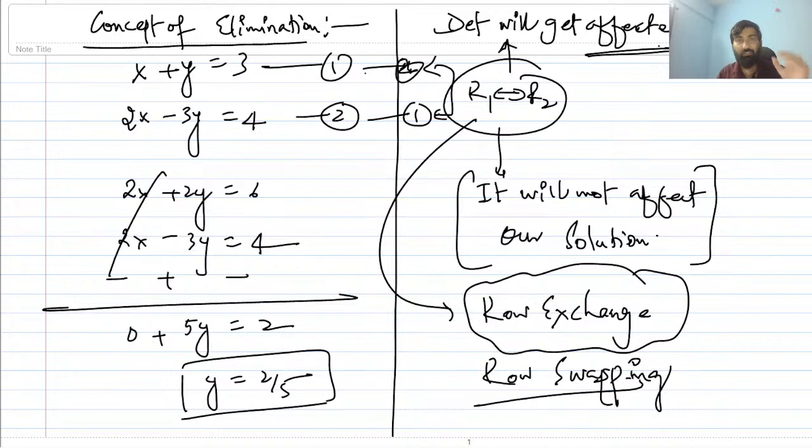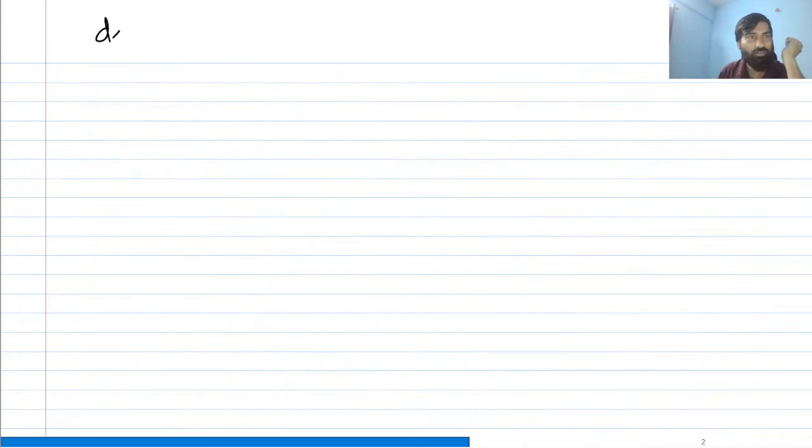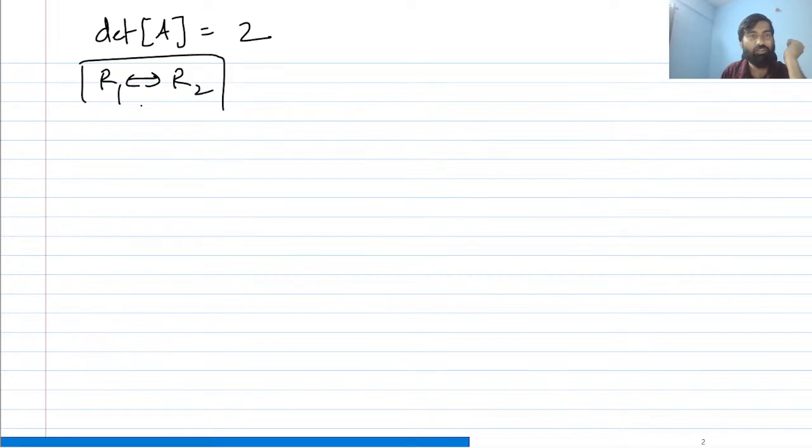When we discuss det, det is just a value, not a matrix. Det of a matrix we always evaluate. So det will get affected if you are swapping. Suppose the det of matrix A is 2, and in the exam they have given R1 and R2 swapping.